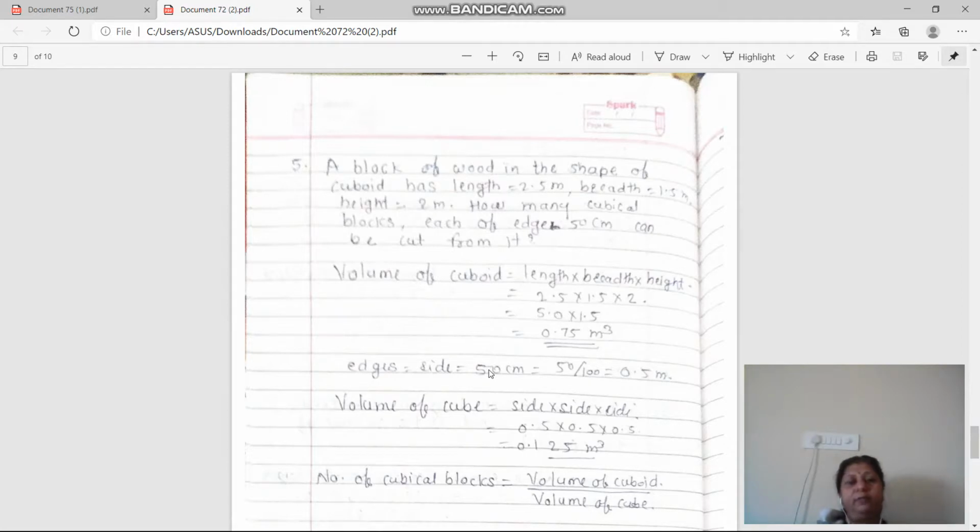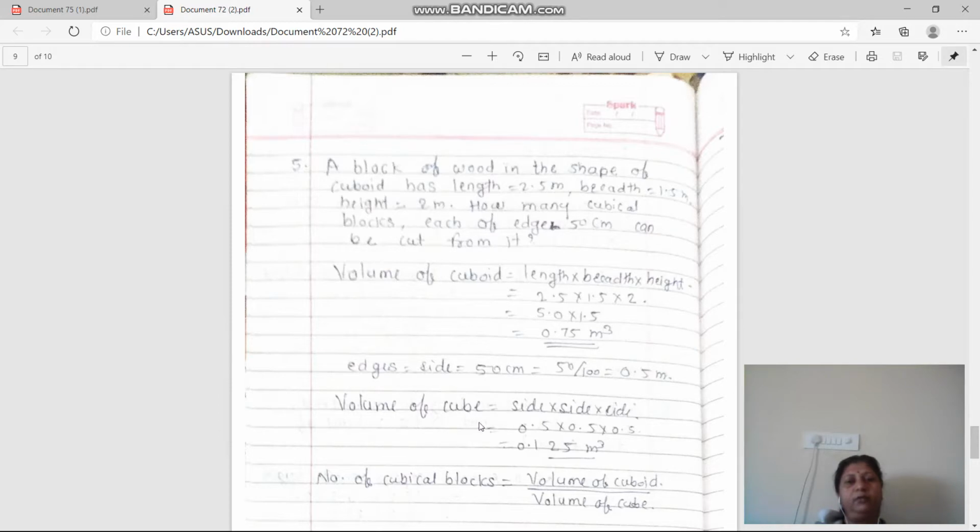What we have to remember here is that these are in meters, right? And this edge of the smaller cube is in centimeters. So first of all you have to convert this centimeter into meter. So 50 upon 100, what will we get here? 0.5 meter.